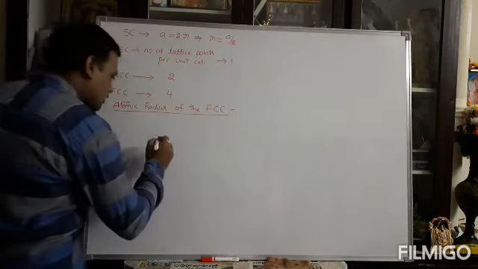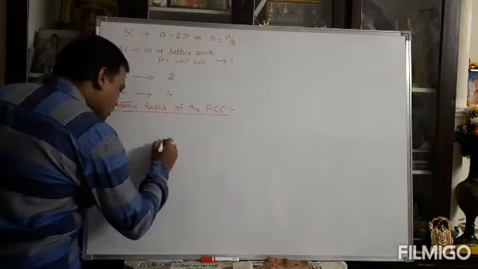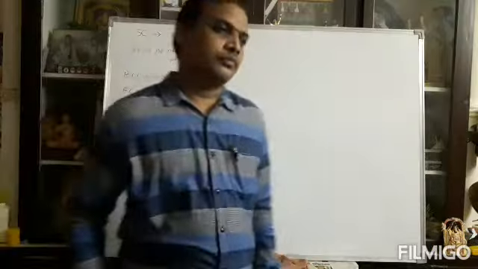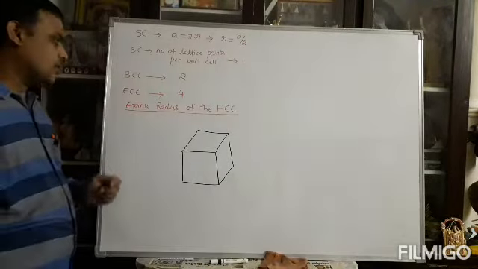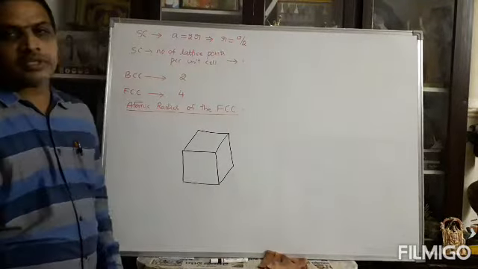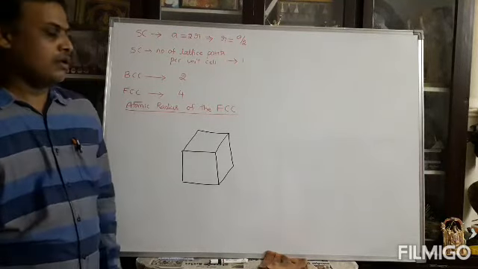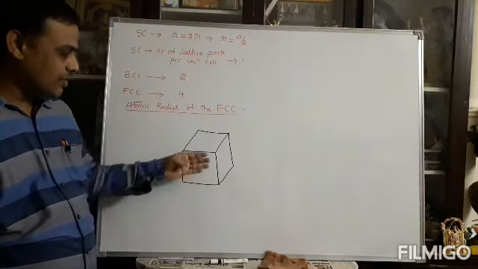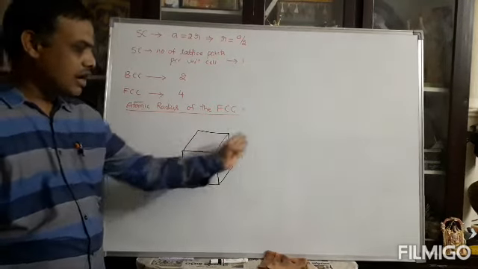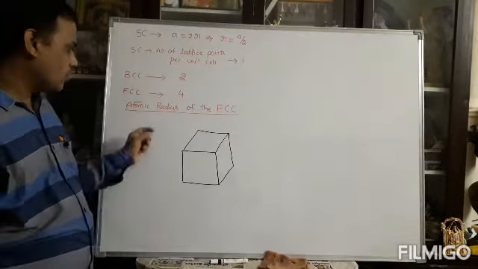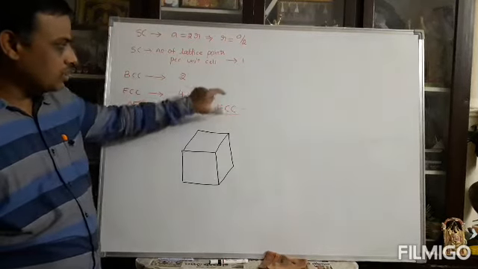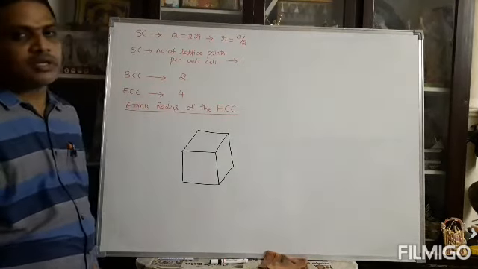First draw a simple cubic structure, the visible cubic structure, consisting of only 3 faces: the front face, top face and right side face. According to this structure, you can draw the face-centered cubic structure.